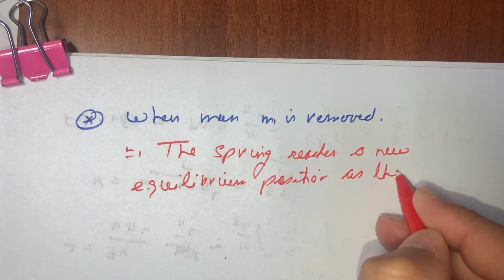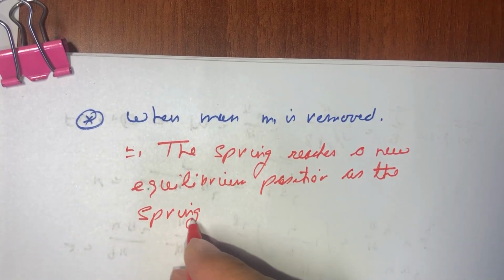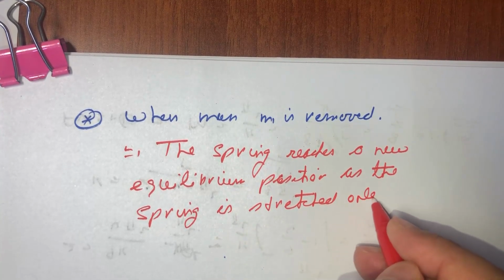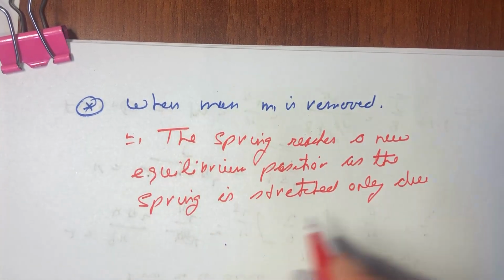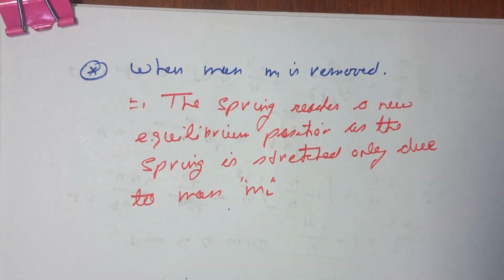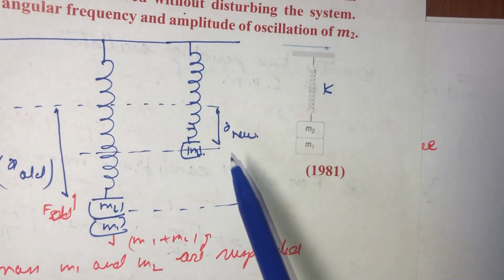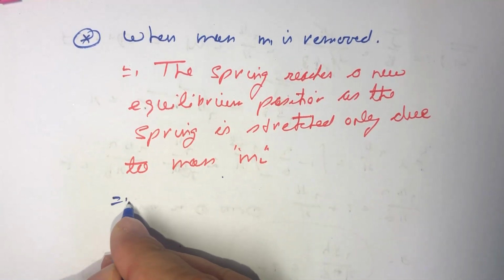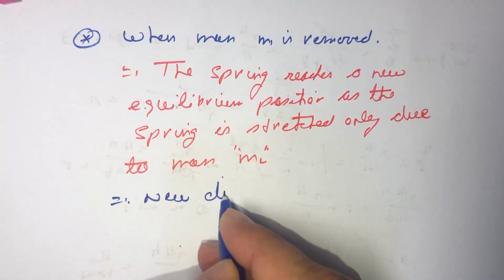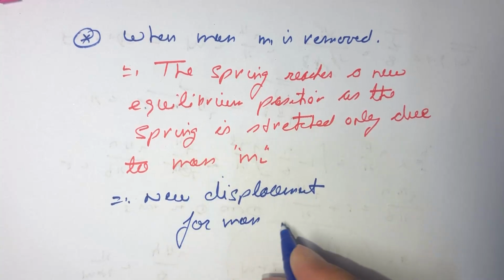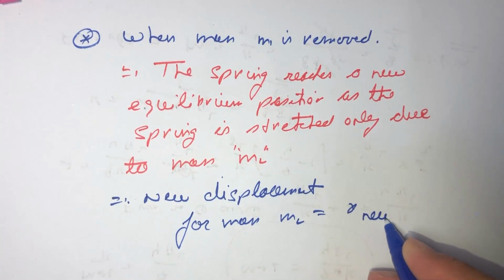The spring is stretched only due to mass m2, and we say this new displacement because of mass m2 is called x new.